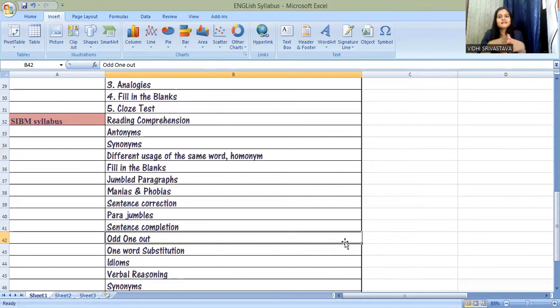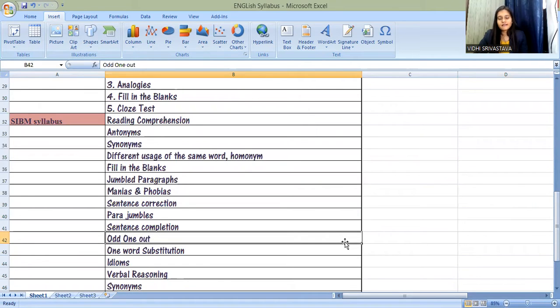So you can see that the course is the same. There is verbal ability, grammar, and there is RC. But the extent of questions, the extremity of questions, and the number of questions in SIBM, XAT, NMAT, CAT, IIFT and all these tests are different.